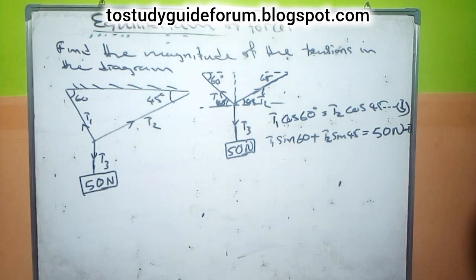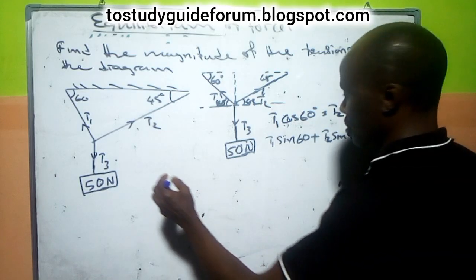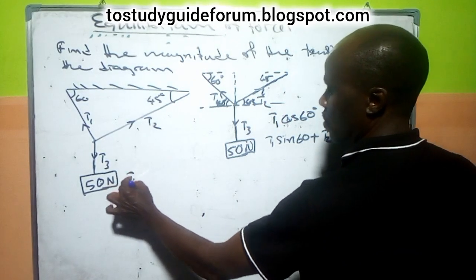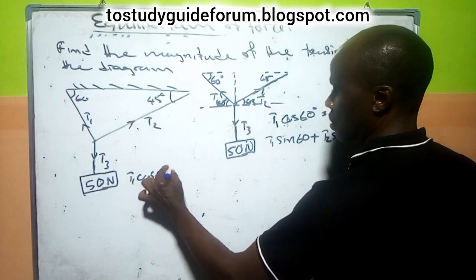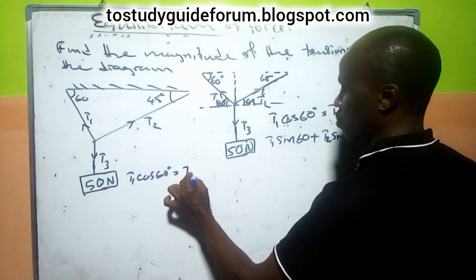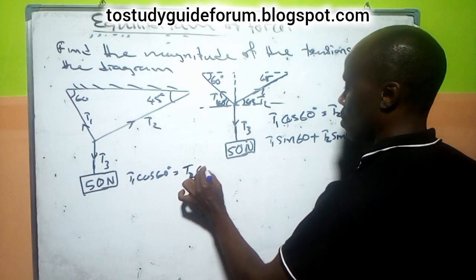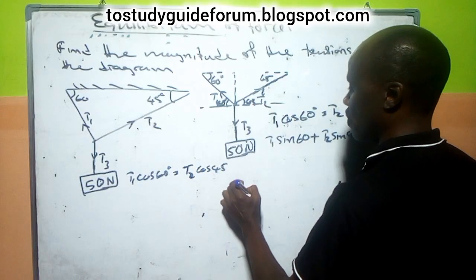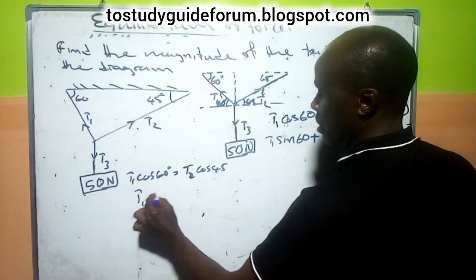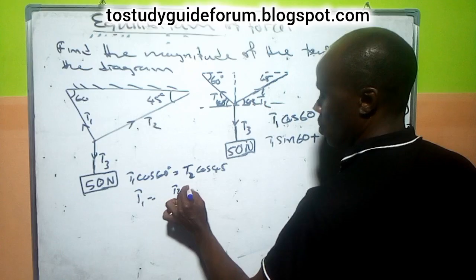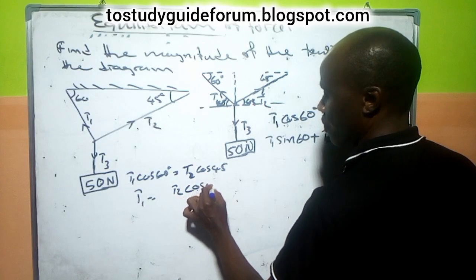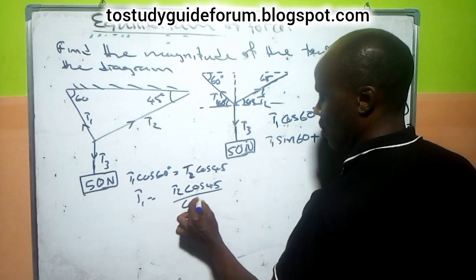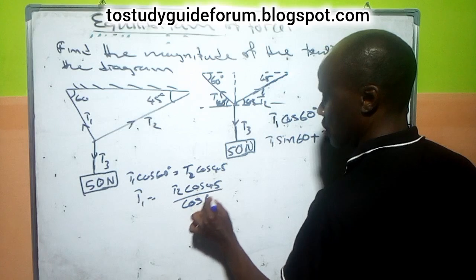So now what we do is to resolve. Looking at equation 1, we can make T1 the subject of the formula. T1 cos 60 degrees is equal to T2 cos 45. So T1 will then be T2 cos 45 all over cos 60.